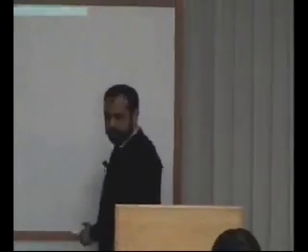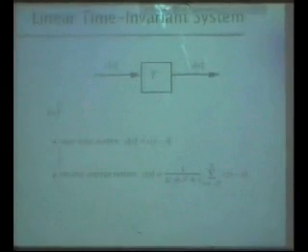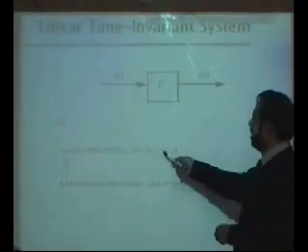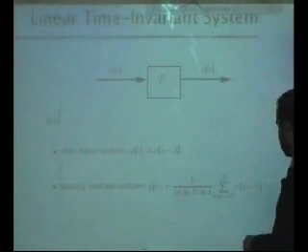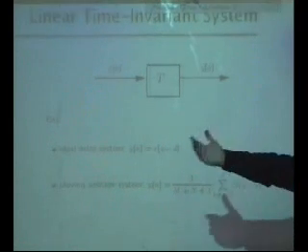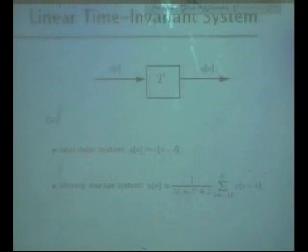These are again a few examples of a system. An ideal delay is a linear time invariant system. This is averaging, where you go m samples ahead and n samples back, and add all of them together.